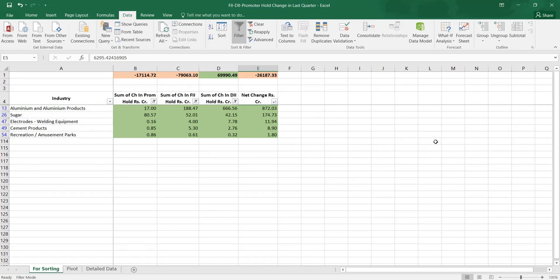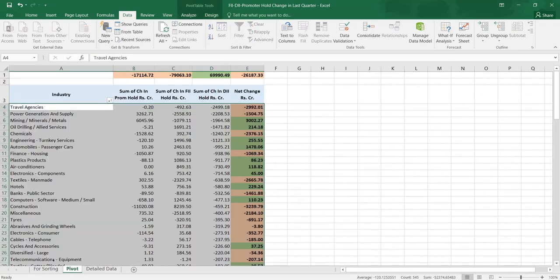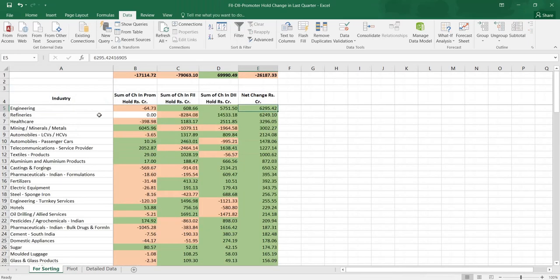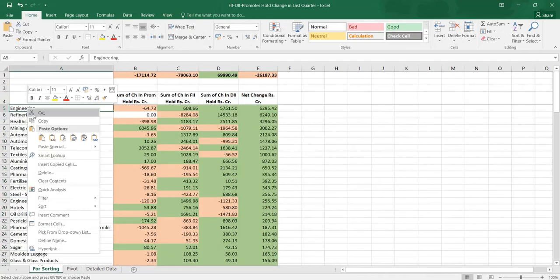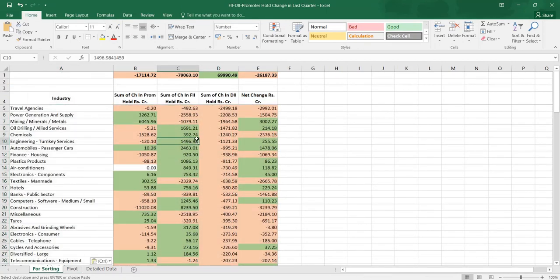You have to paste as number: don't select the entire thing and paste it. Select it, copy it, and right click to paste as number. Otherwise, whatever you copy, the reference will be the same. It will be another pivot table only, and it may not be convenient to use.